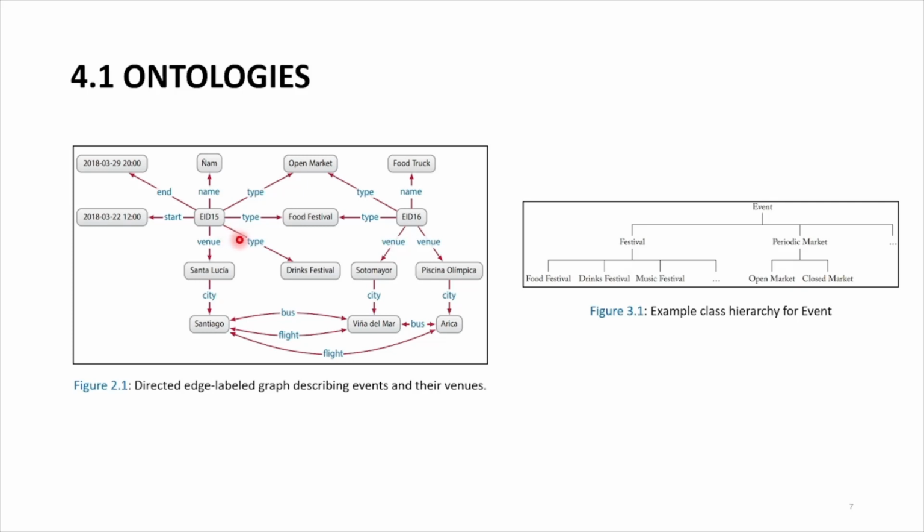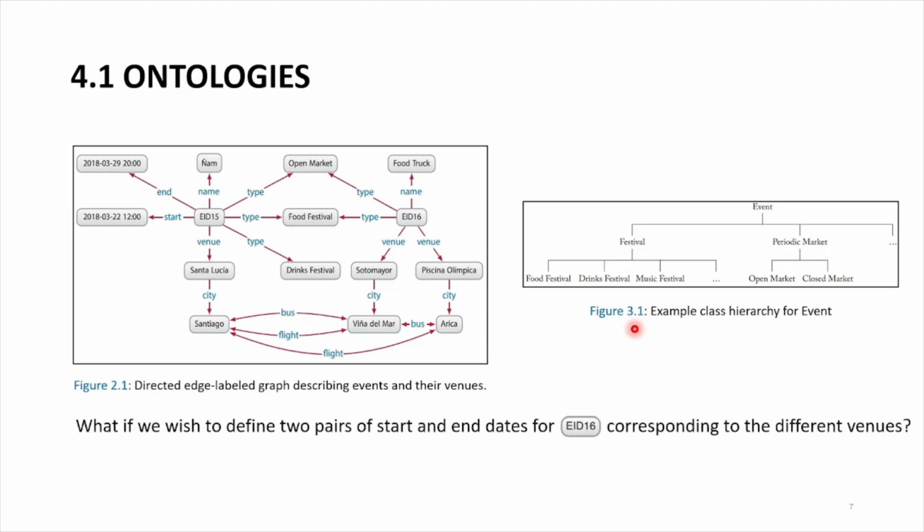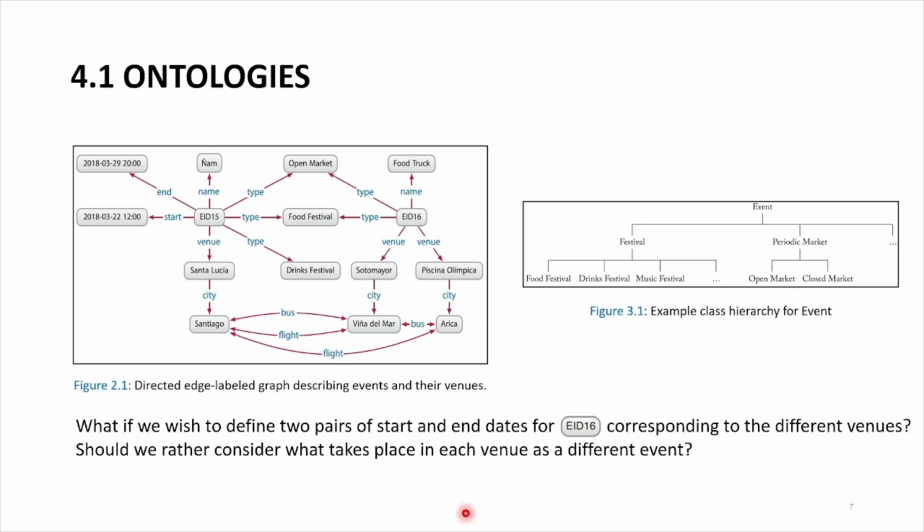And according to the class hierarchy of Figure 3.1, they are both considered to be events. But what if we wish to define two pairs of start and end dates for EID16 corresponding to the different venues? Should we rather consider what takes place in each venue as a different event? Or would this also be considered as one event or many events?